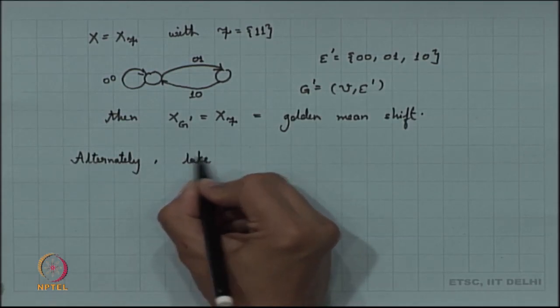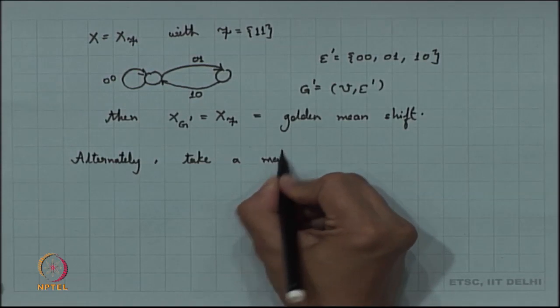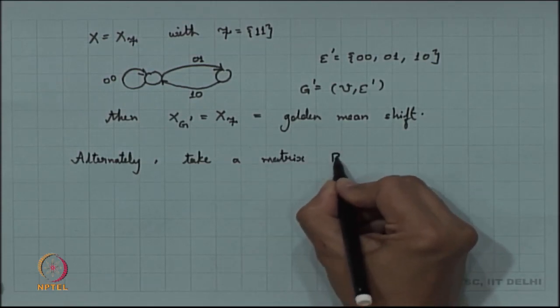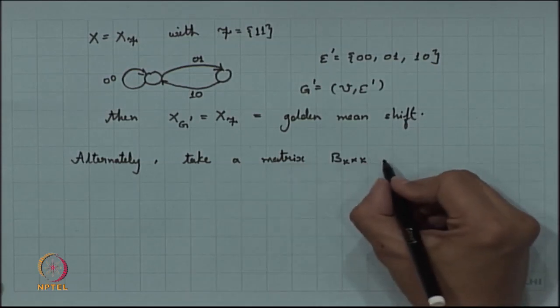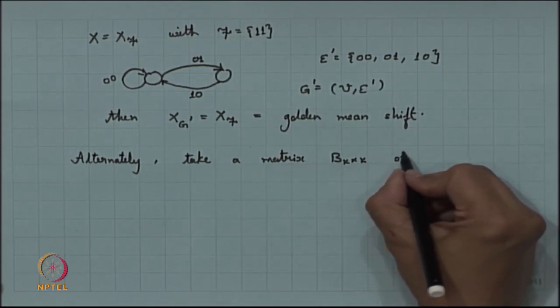Take a matrix B. Let me specify that B is a k cross k matrix. So, take a matrix B of zeros and ones.